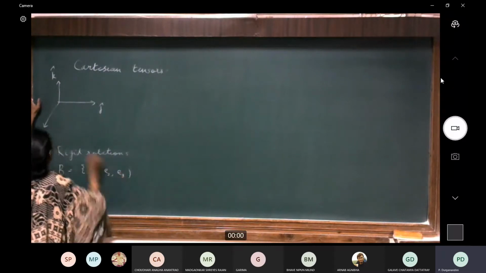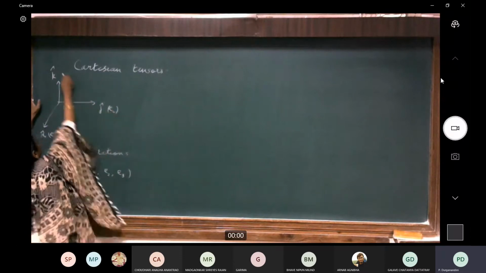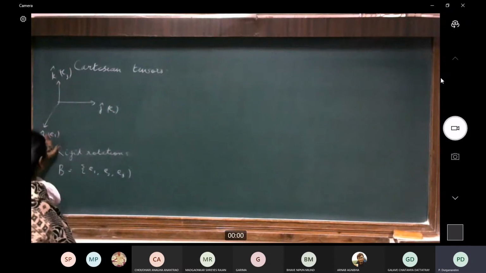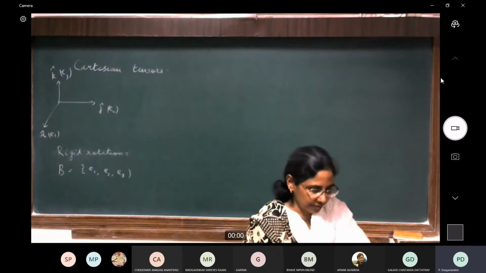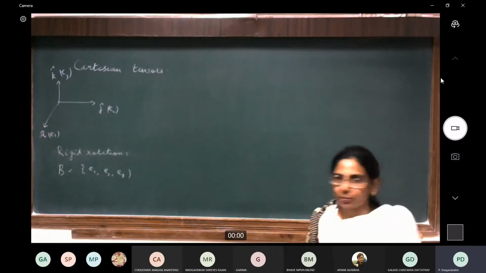We've chosen Cartesian axes, E1, E2, E3. And again, I'm reminding you that I'm using these synonymously: i cap, j cap and k cap as unit vectors along the x-axis, y-axis, z-axis respectively, or E1, E2, E3 as basis vectors.